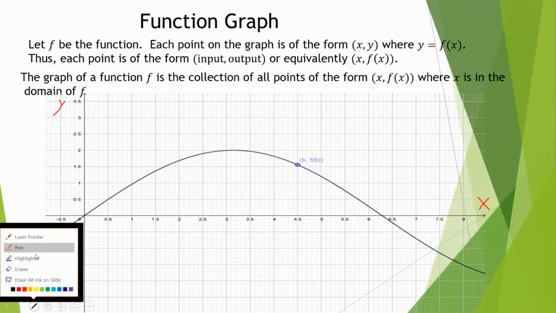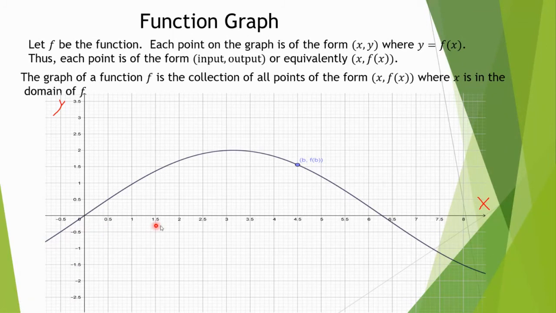So if we wanted to know what f of 1 is, we locate 1 on the x-axis. And then we go up or down to the graph. We're going to go up to the graph in this case, and we're going to move over horizontally to the y-axis.